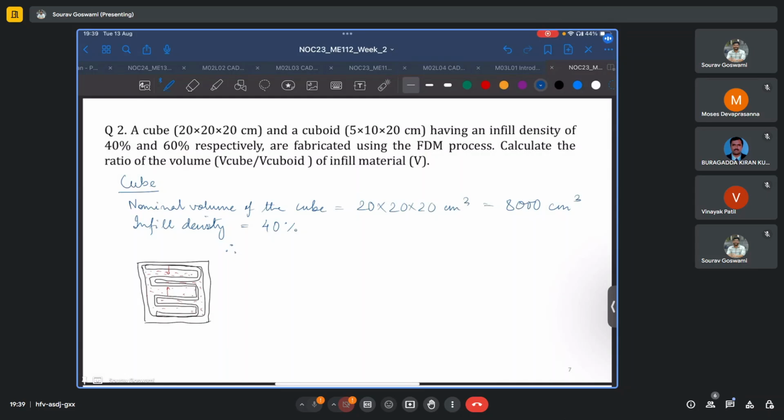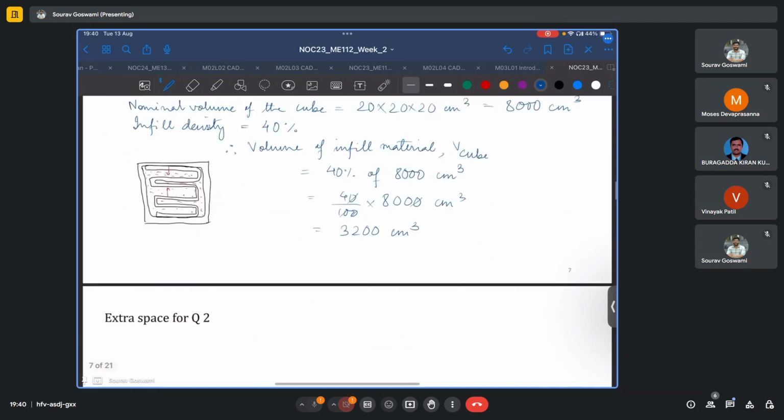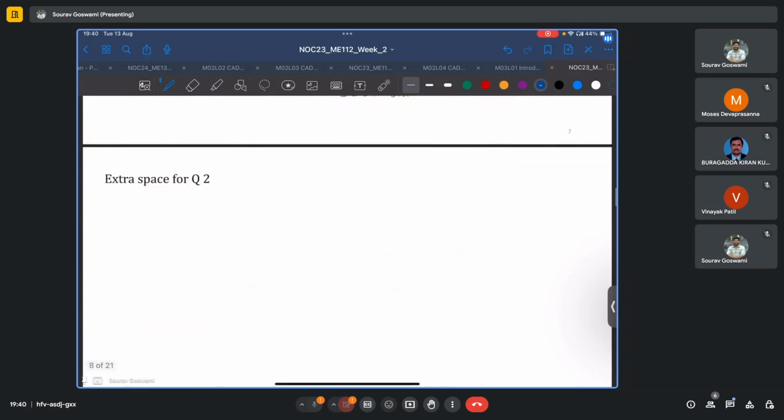Therefore, the ratio of the volume of infill material V cube in this case is simply 40% of the nominal volume, which is 3200 centimeter cube. Let us repeat this exercise for the cuboid.